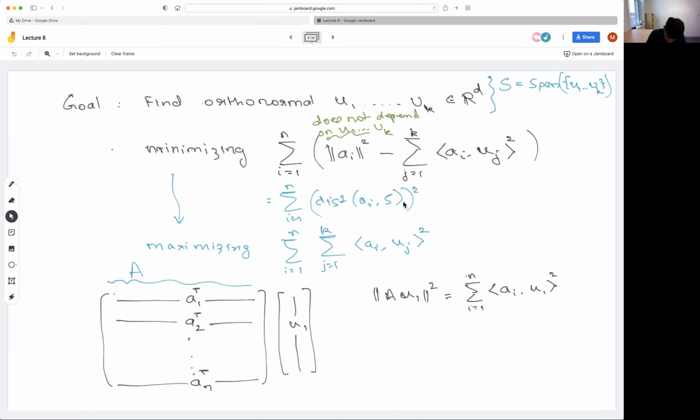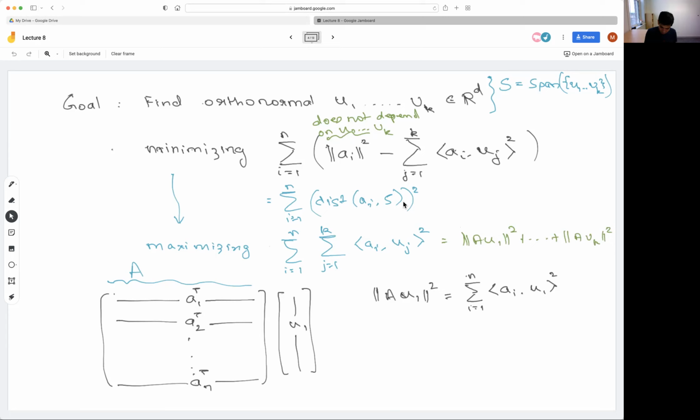So by exchanging these summations, we can write this quantity more succinctly as the norm of A times U1 squared plus up to A times UK. So now the goal changes. We have this matrix A where we put in all our data points. We look at their transpose, put it as a row. That's just our matrix.